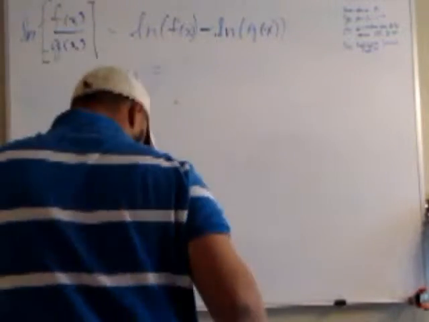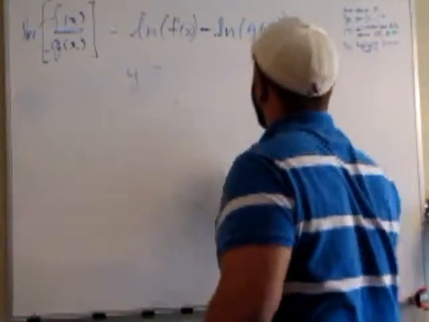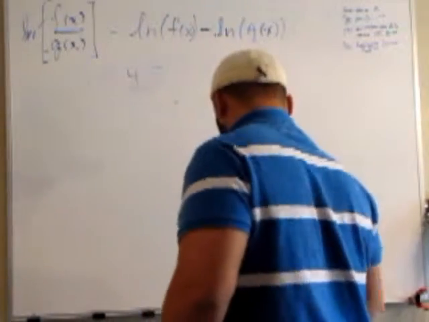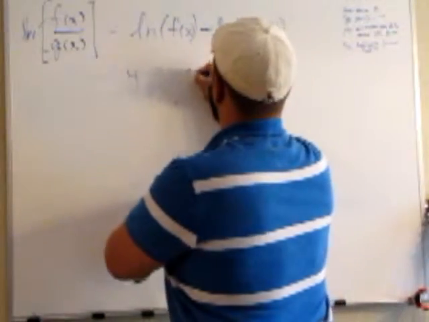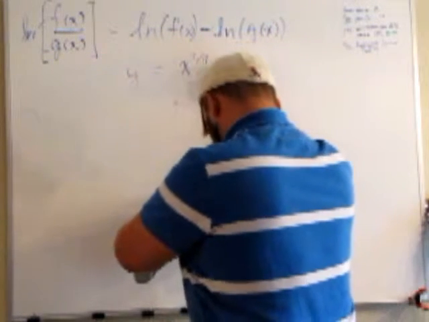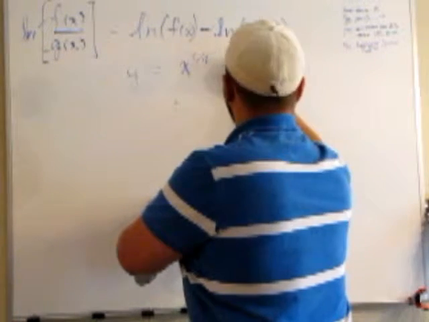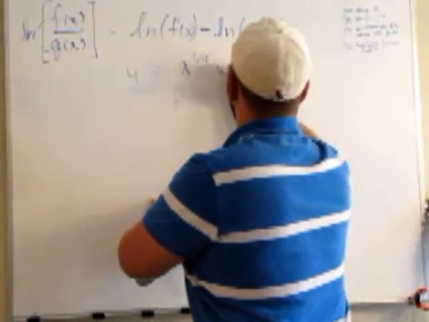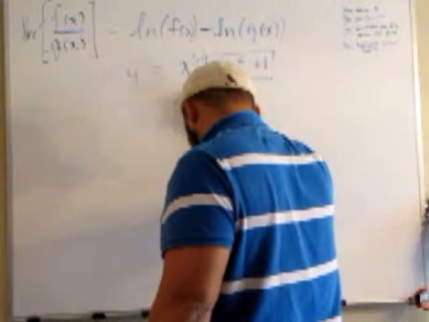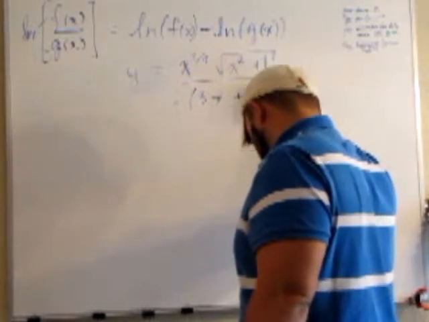Y equals x to the 3/4 times the square root of x squared plus 1, all over 3x plus 2 to the 5th power.